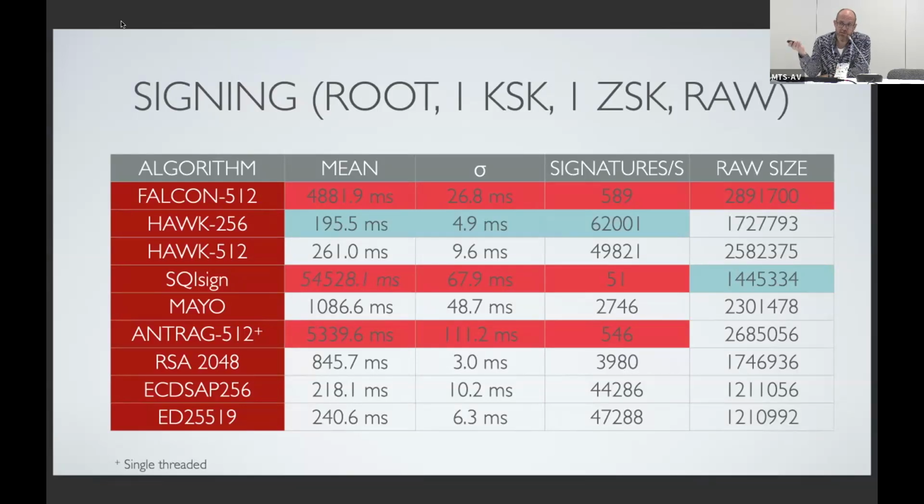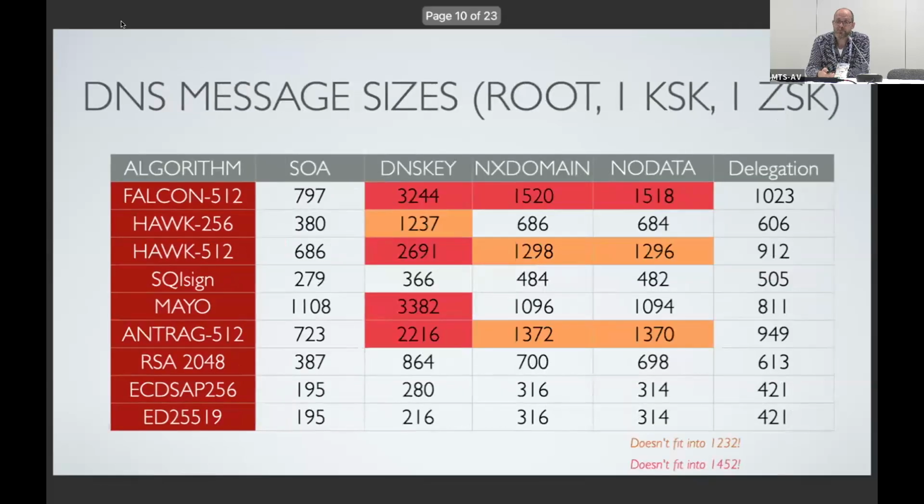But with SQIsign, the size is really nice. So it's pick speed or size right now. For the DNS message sizes, the red ones are those that don't fit into the enlarged buffers. The yellow ones are those sizes that don't fit into the current EDNS buffer size, which is 1232.